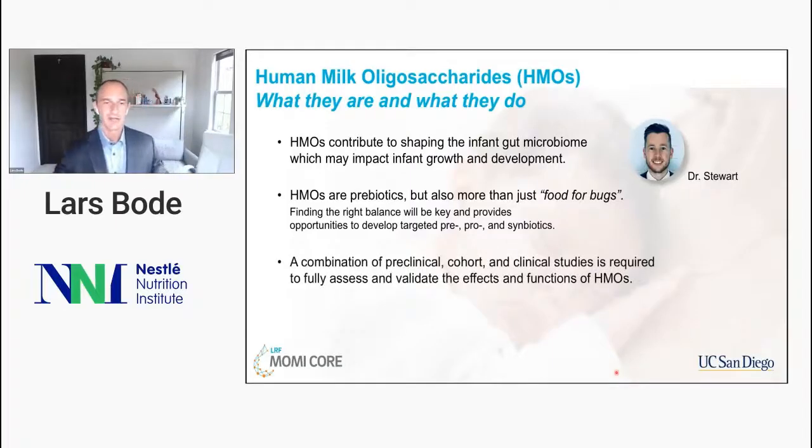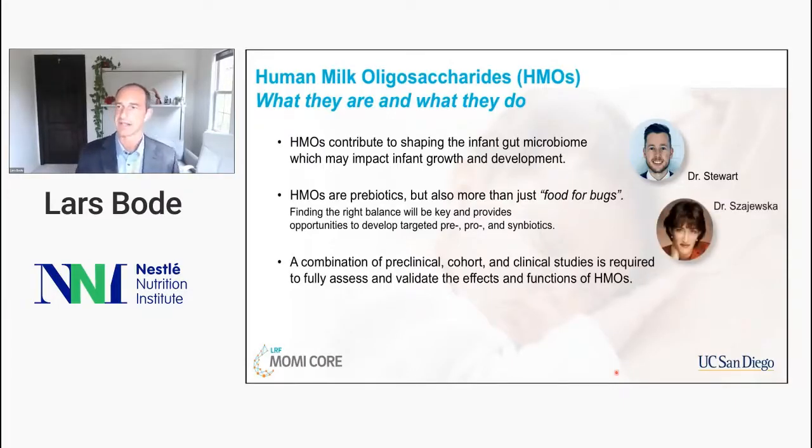We need a combination of preclinical, cohort, and clinical studies to fully assess and validate the effective functions of HMOs. And Dr. Sayevska will show you in this session what kind of studies have already been done in the term infant. And then in the following, Dr. Hescott will talk about specifically the preterm infant. And last but not least, human milk is not just HMOs, right?